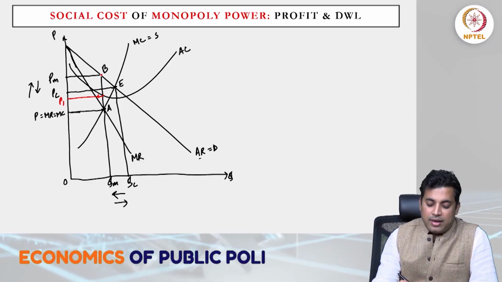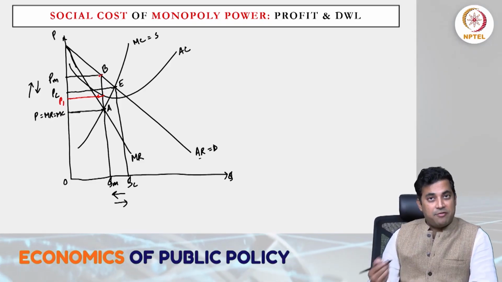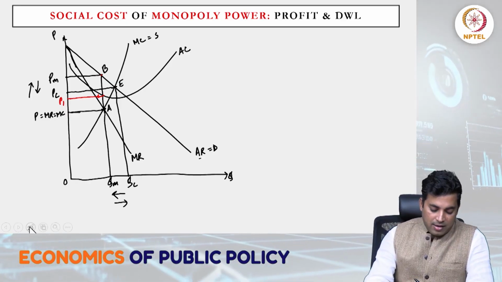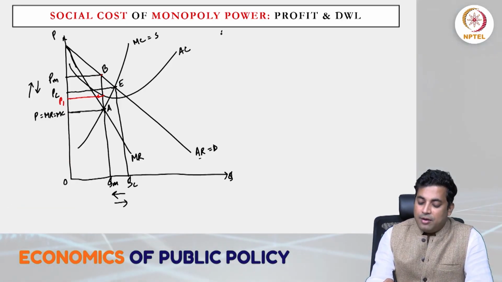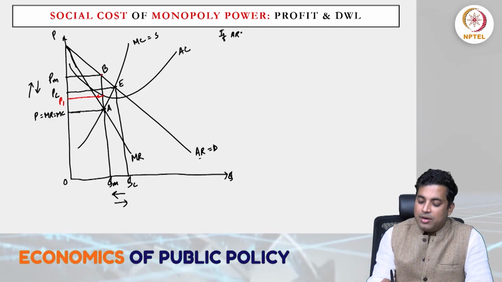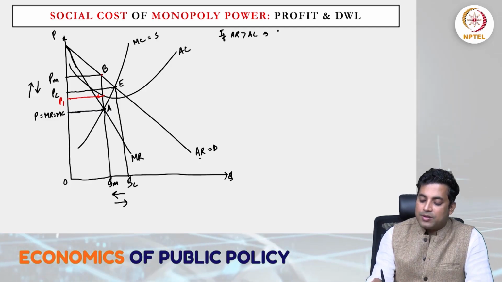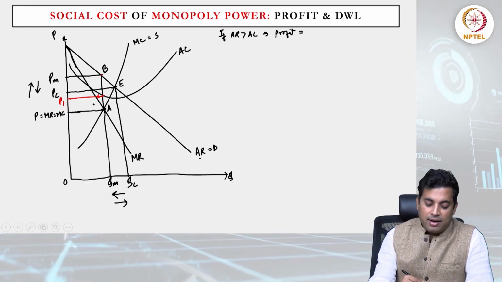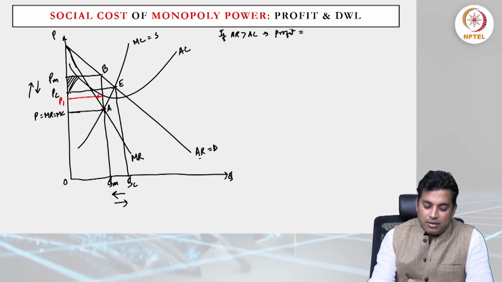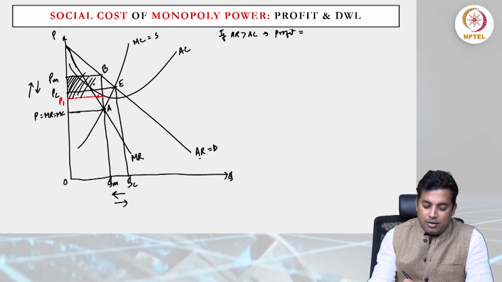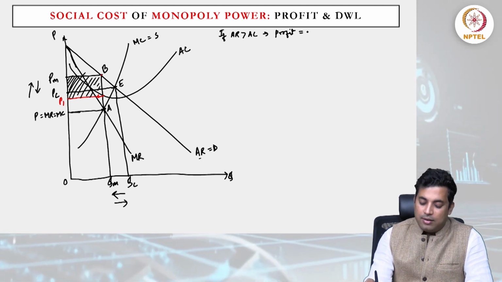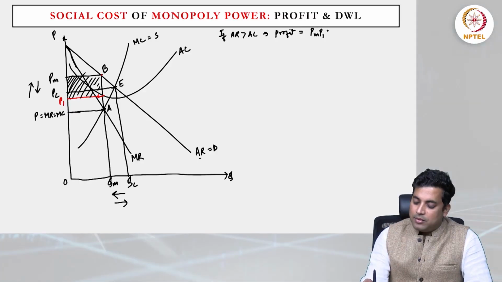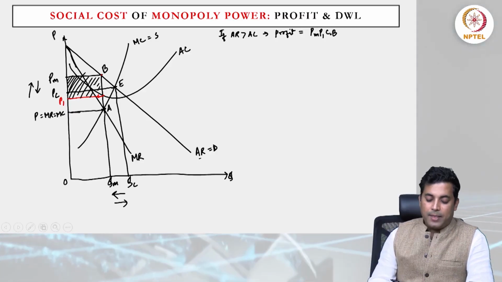Of course, average revenue is higher than average cost, which is the profit condition. So the profit is the black shaded area, and this area is PM, P1, C and B.